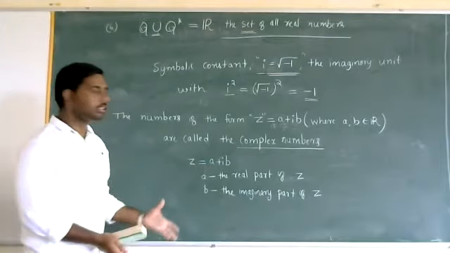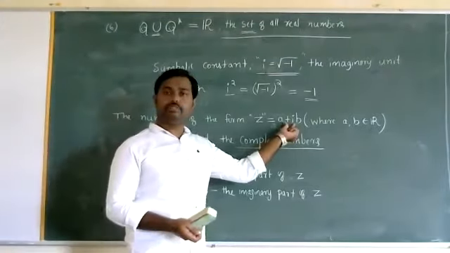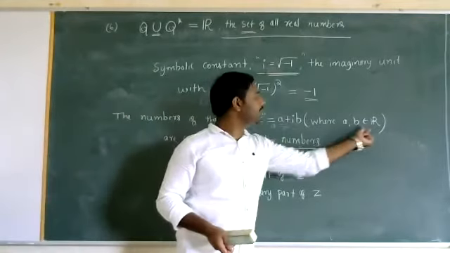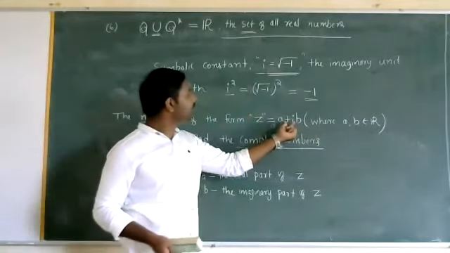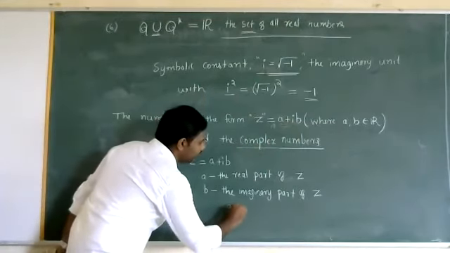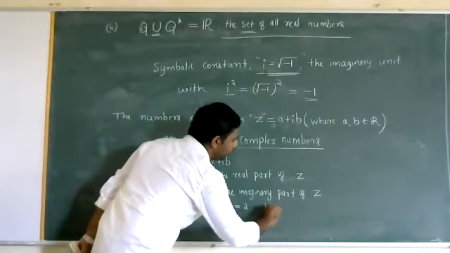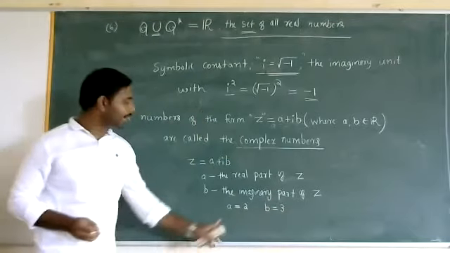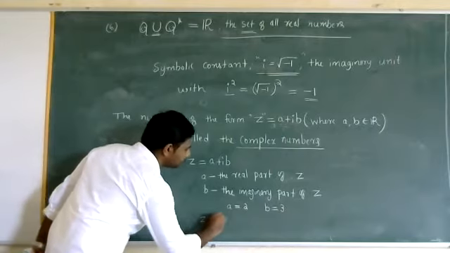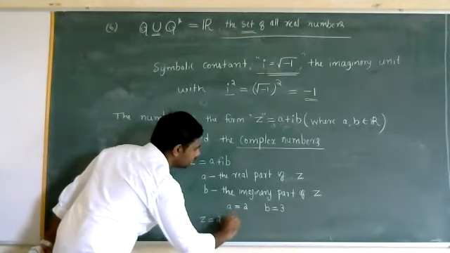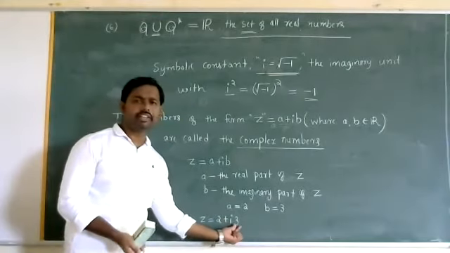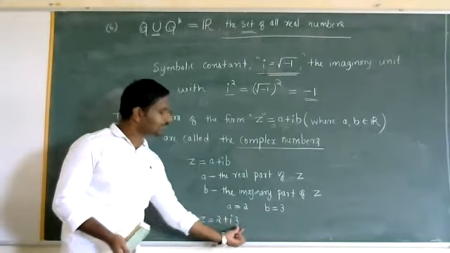For example, if I take any real numbers a and b and write them in this format, say a is 2 and b is 3, then I get the complex number 2 plus i into 3, or I can read it as 2 plus 3i.